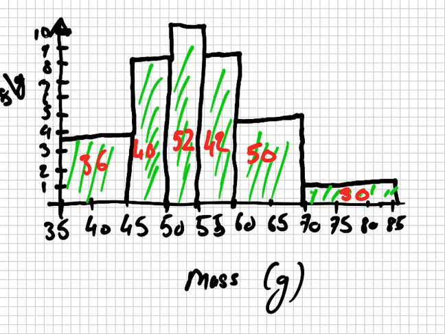And how many between 60 and 85? 80. So I need to find somewhere where it's the top 50 eggs. Because from here to here is 30 eggs, but here to here is 80 eggs. So it's going to be somewhere roughly around here, where it'll make 50.